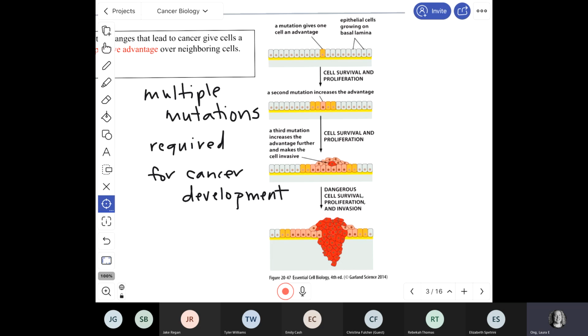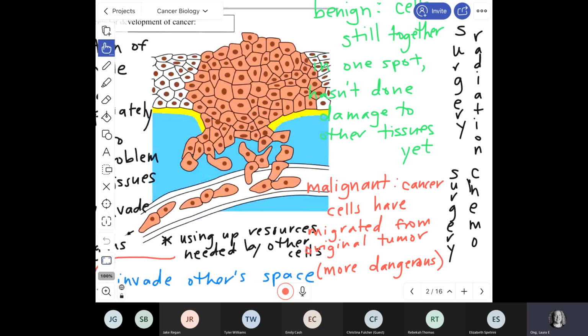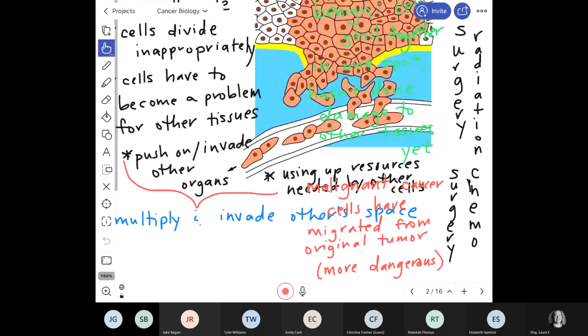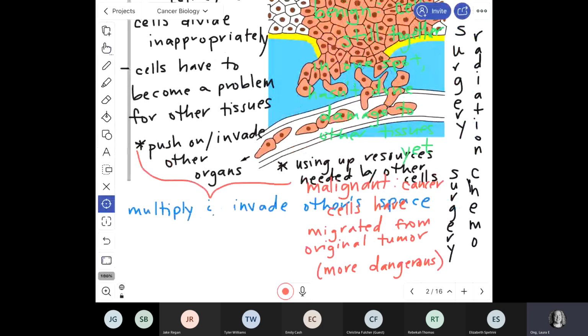But it takes multiple mutations to get cancer to a level where we really have a lot of proliferation, and then we have invasion. That encroachment on neighboring tissues is called invasion. Invasion is this concept there.